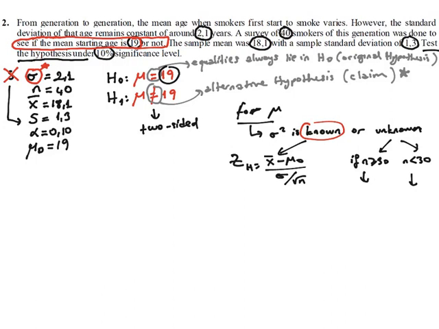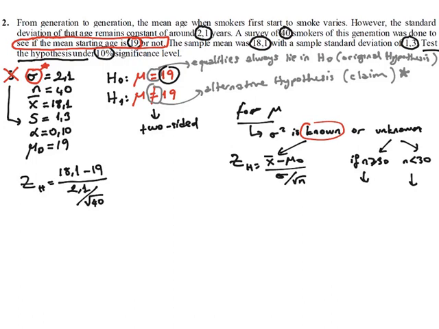So we use this formula. We know everything about the test statistic. X bar is 18.1 minus 19 over 2.1 over square root of 40.